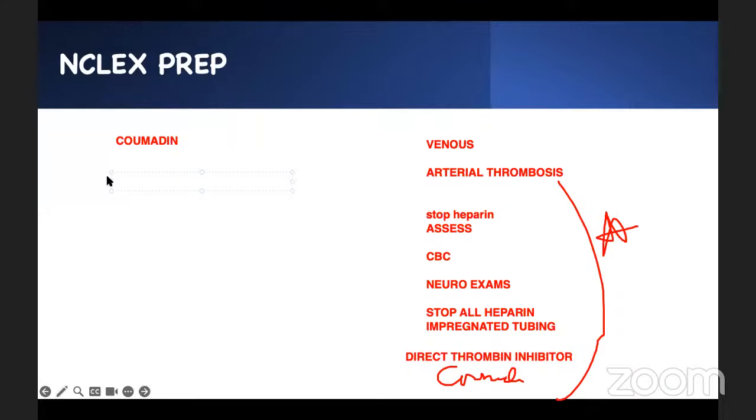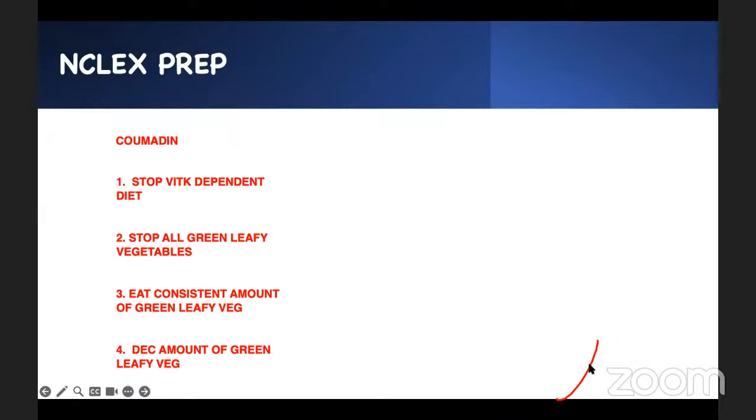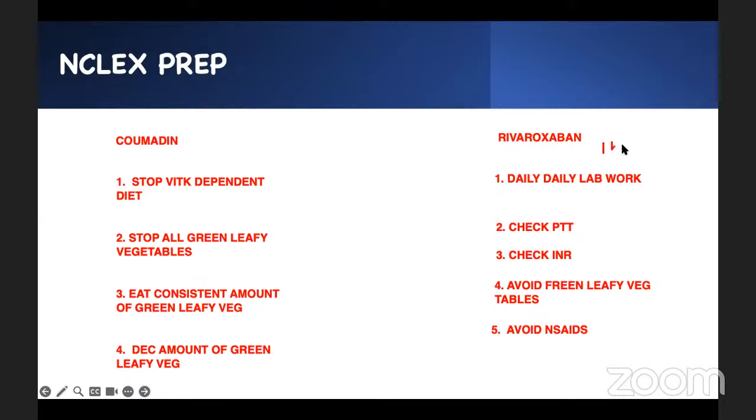He went home with Coumadin. And then this is the teaching the nurse gives. If you can't figure it out, you have two answer choices. So if he went home with rivaroxaban, this is the teaching.